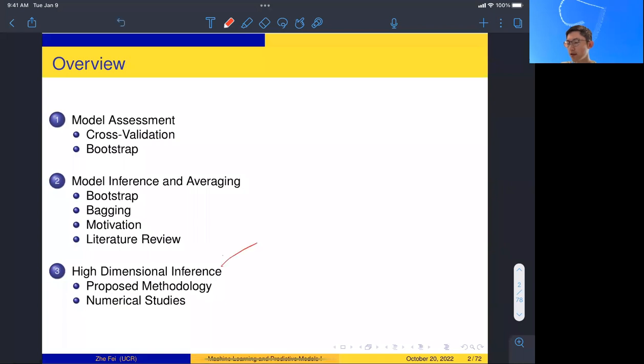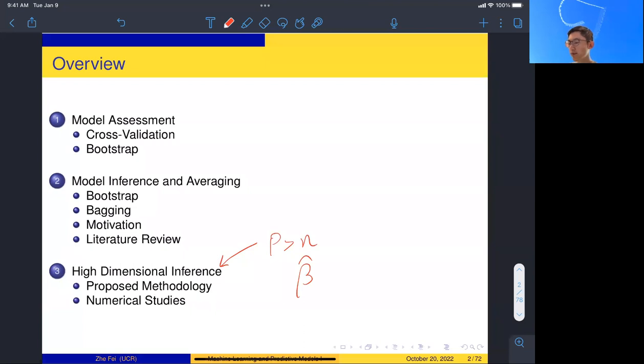And at the end, if we have time, we will also introduce a more recent development in high dimensional inference. And actually that's, I believe, the question from William. In the P greater than N case, how can we make inference on beta hat?